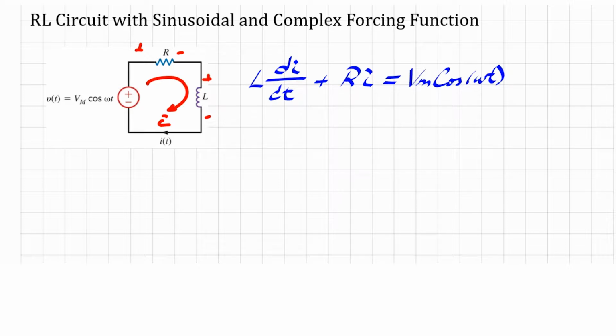Now, looking at this differential equation, we can guess what kind of solution would be most reasonable. We have the derivative of the current here, plus the current itself multiplied by a constant, and that would have to be equal to some kind of sinusoidal function.